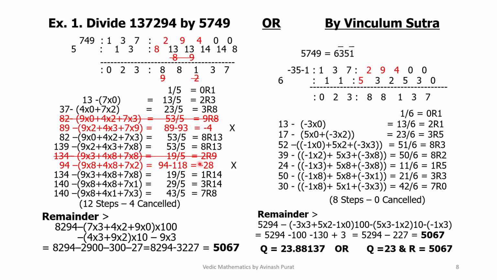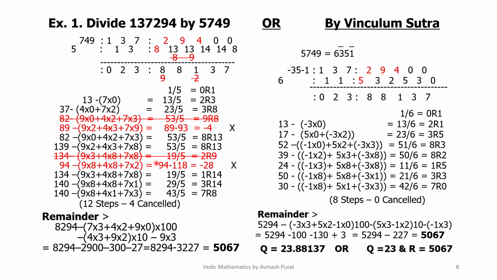Now again here, if we take 2 as a quotient, 9 is remainder, then 94 is dividend minus 9 into 8 plus 4 into 8 plus 7 into 2, that becomes 118, which is more than 94.